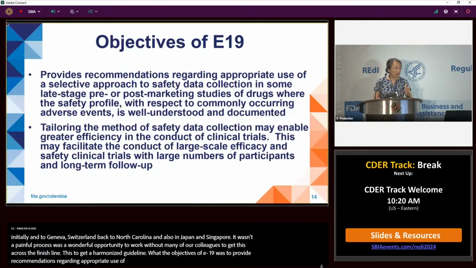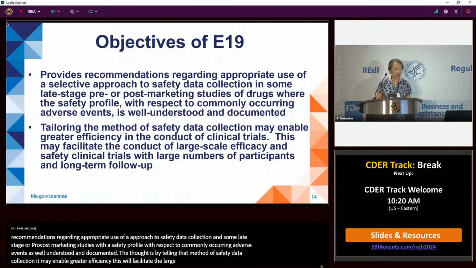And the thought here is that by tailoring that method of safety data collection, it may enable greater efficiency in the conduct of clinical trials, and that this may facilitate the conduct of large efficacy and safety clinical trials with a large number of participants and long-term follow-up.